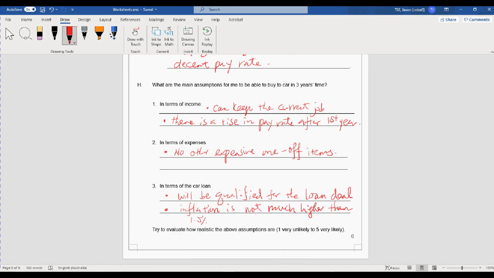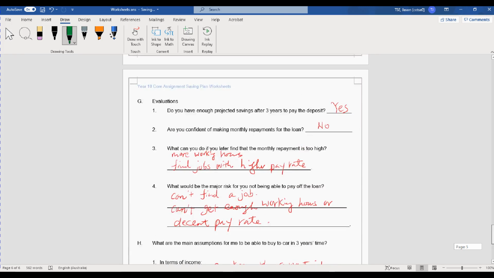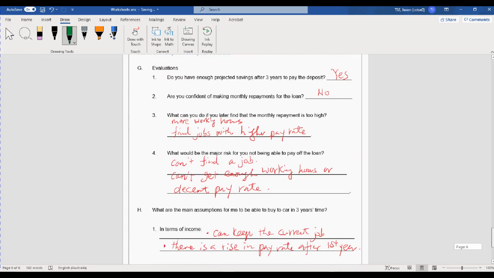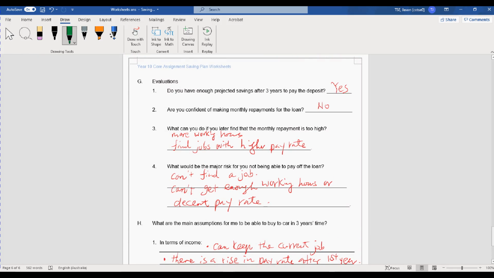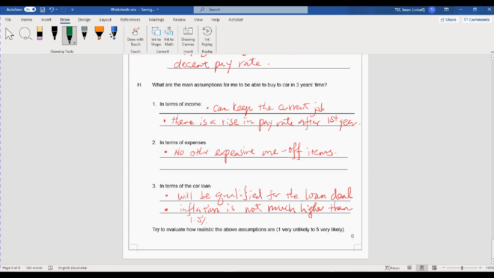You need to evaluate how realistic the above assumptions are. 1 is very unlikely, 5 is very likely. So can keep the current job, possibly yes. There's a rise in pay rate, 3.